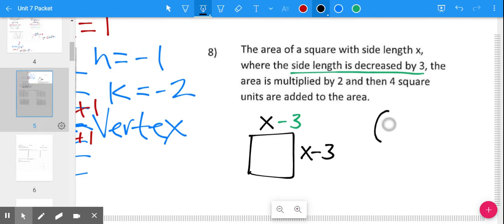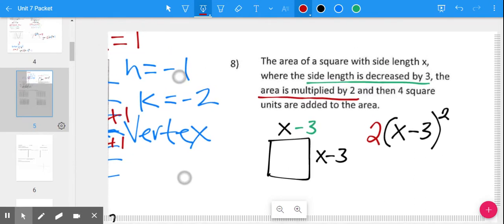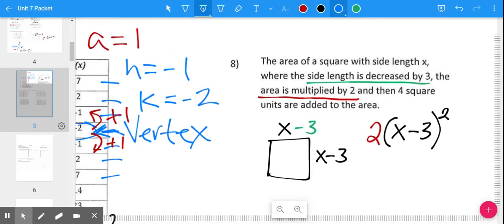So I can already tell I'm doing x minus 3 times x minus 3, which is the same as x minus 3 squared. Then it says the area is multiplied by 2. Remember that x minus 3 squared was my length times my width. And then 4 units are added to the area. Put a y equals up front, and you have your equation.